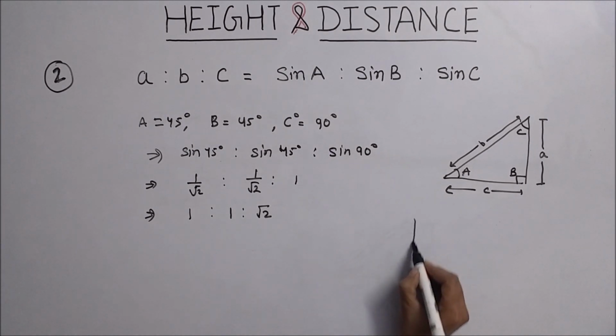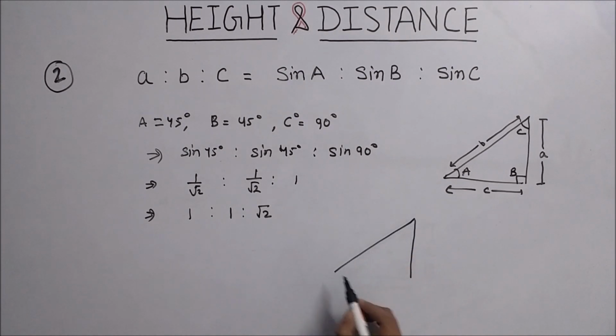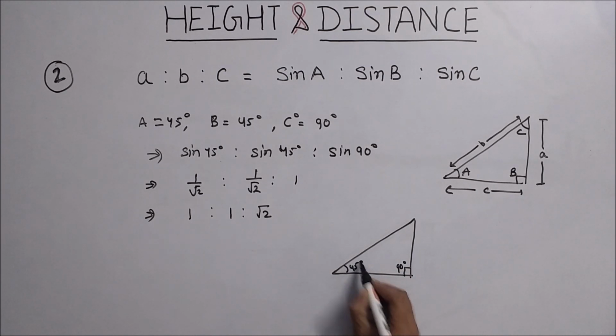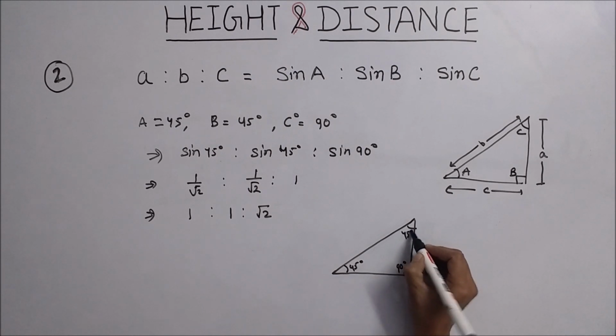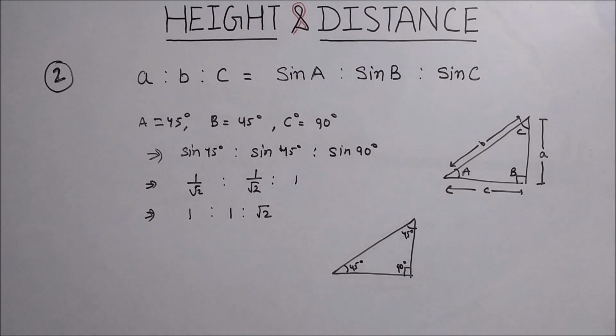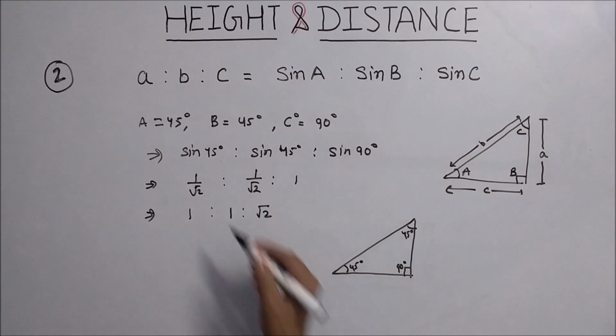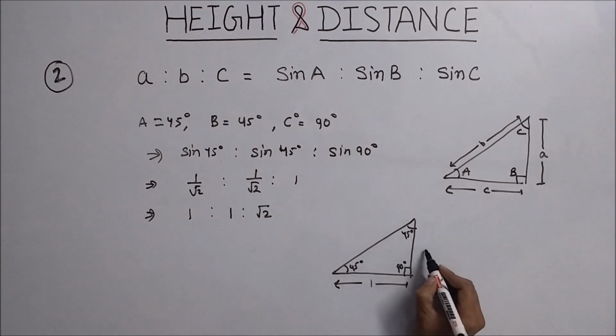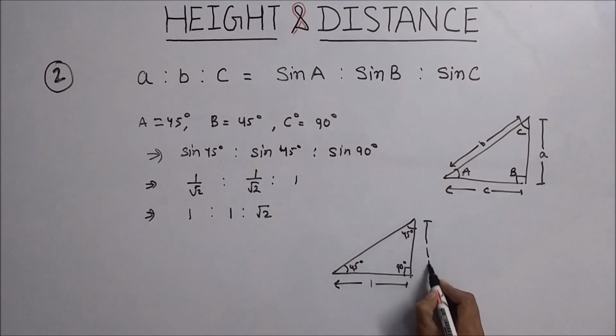Now if we see this in the diagram, this is 90, this is 45, and this is 45. If we talk about the angle 45, the opposite side in ratio is 1. Similarly for the other 45, the opposite side in ratio is 1.